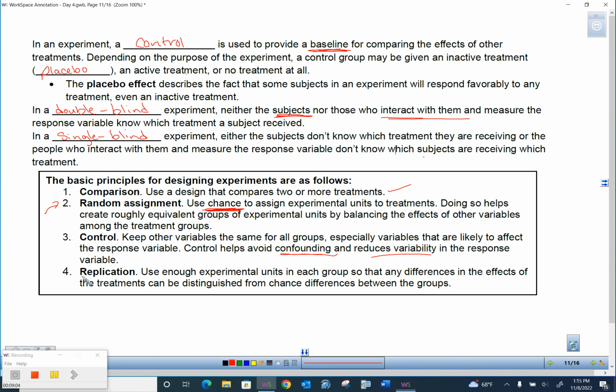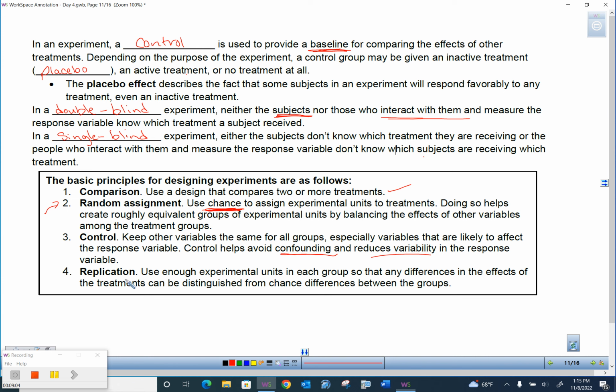Replication, it's not exactly the same thing as what it means in English. Replication here means we're just using enough subjects so that any differences in the effect of treatment can be distinguished from chance occurrences. We are using a big enough sample. That's all it's saying.